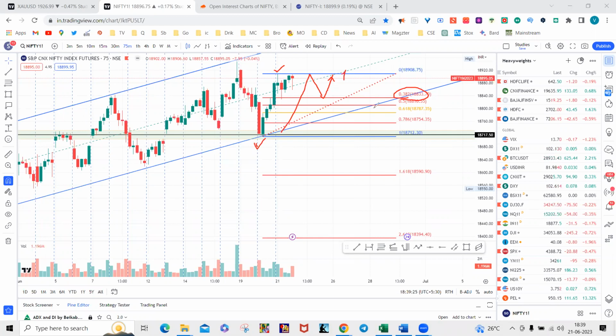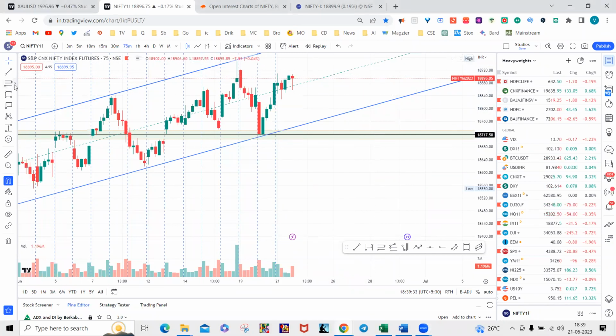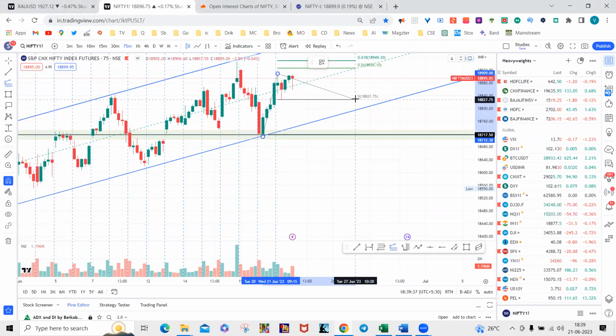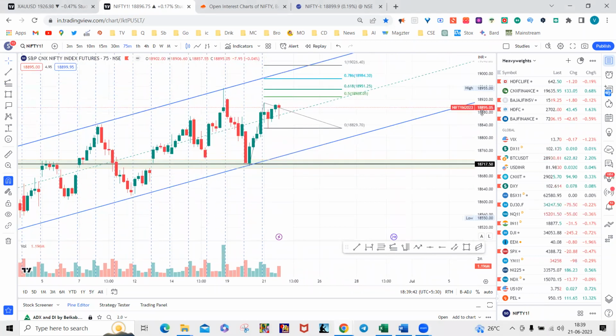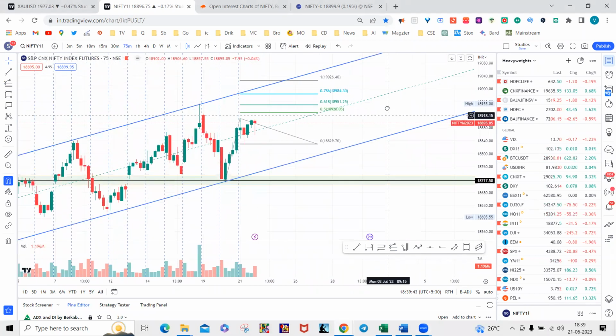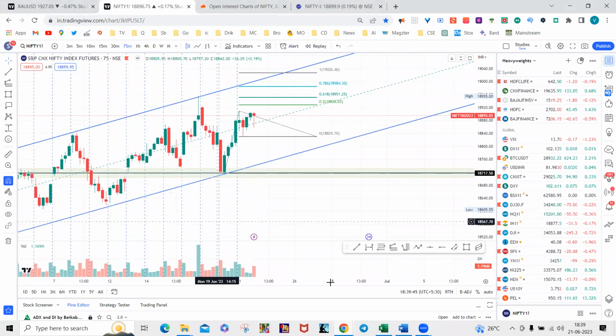Probable targets that we can look at, you can derive from the trend-based extension tool. So for this swing low to this high, the immediate targets which we can see on the charts are generally what happens for such a swing.